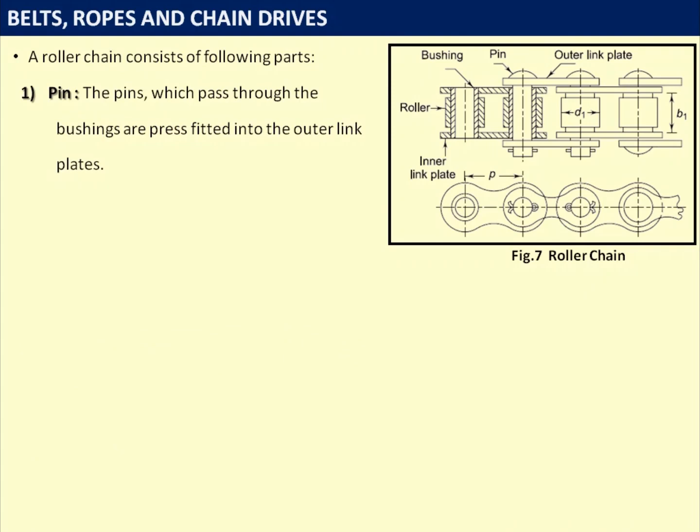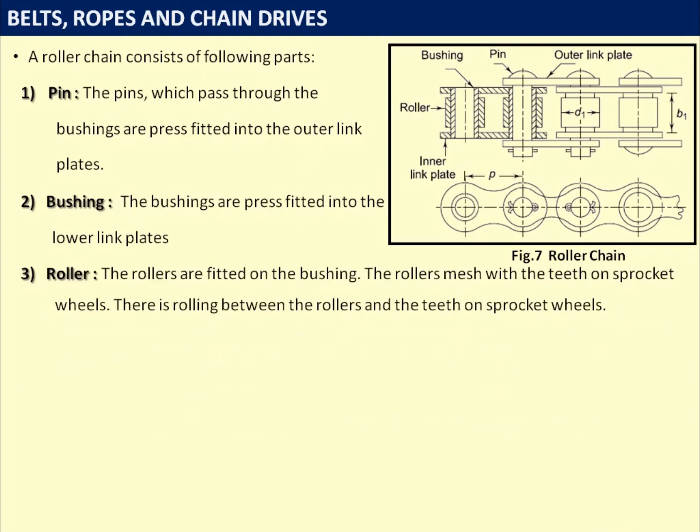First, the pins which pass through the bushings are press fitted into the outer link plates. Second, the bushings are press fitted into the inner link plates. Third, the rollers are fitted on the bushing. The rollers mesh with the teeth on sprocket wheels.